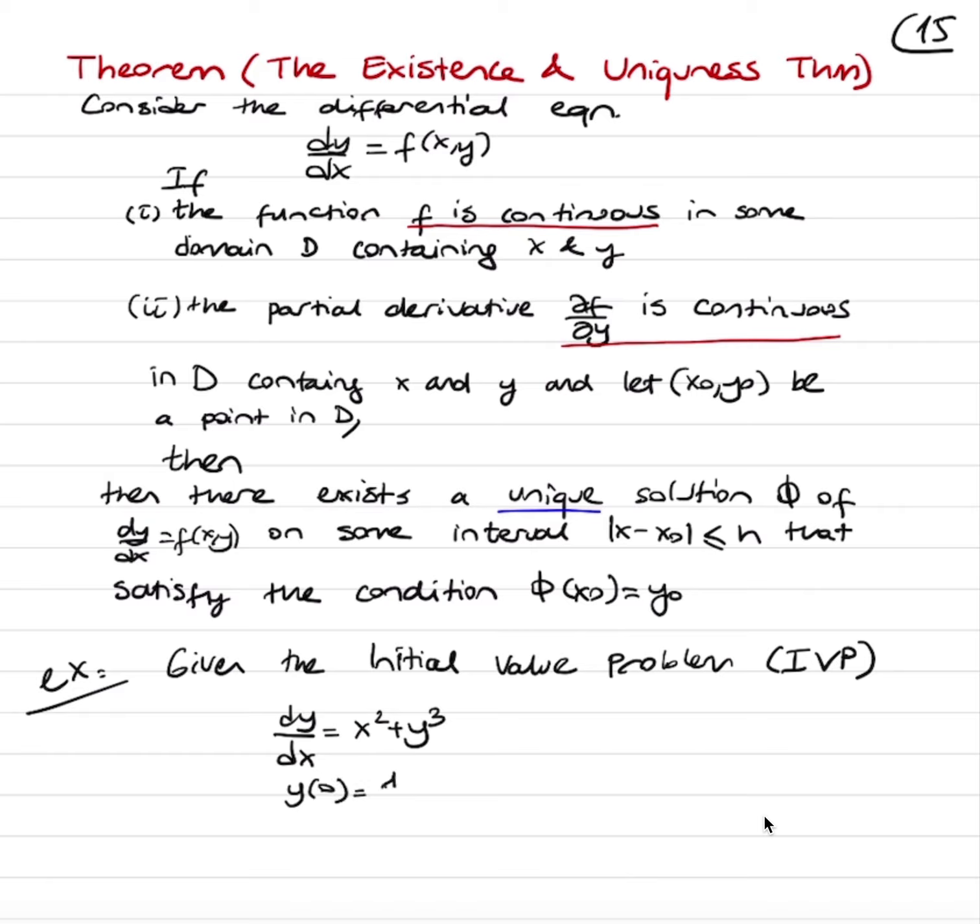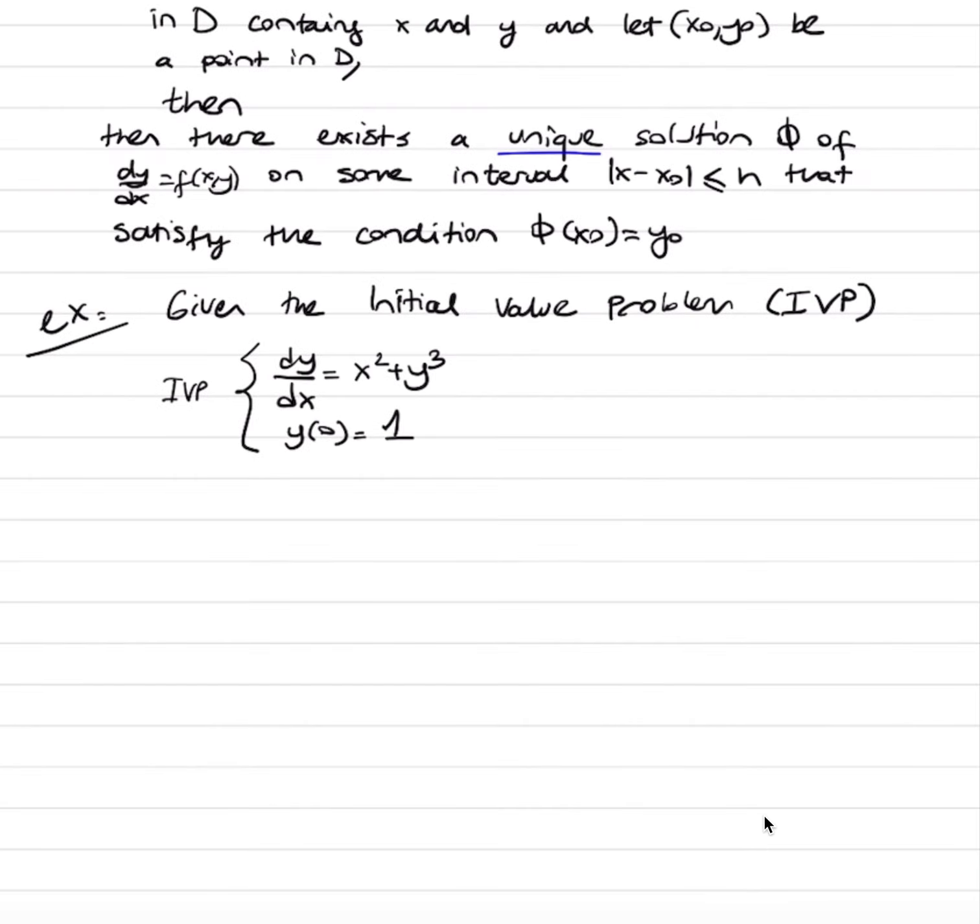Let's say we have y0 is equal to 1. So this is our initial value problem. The question is, does the initial value problem have a solution? And is it unique?